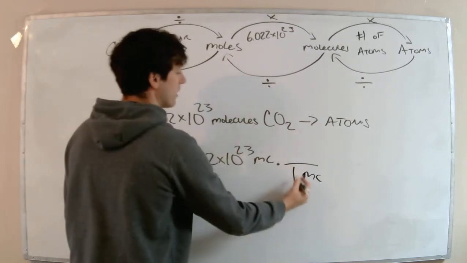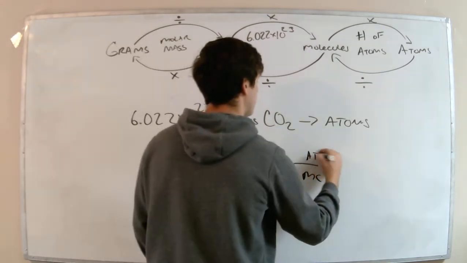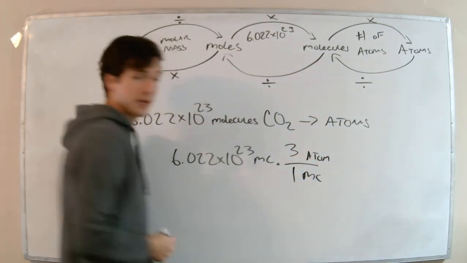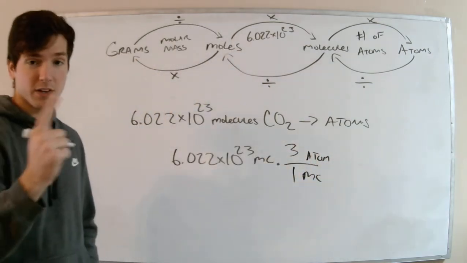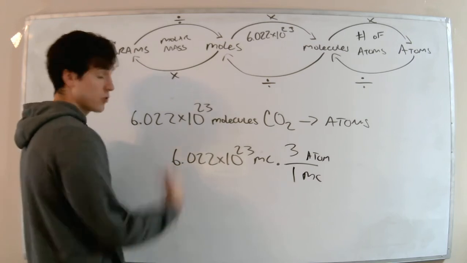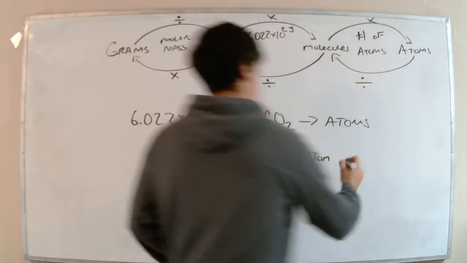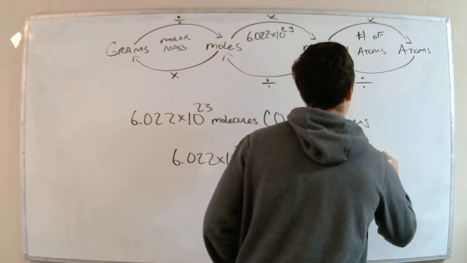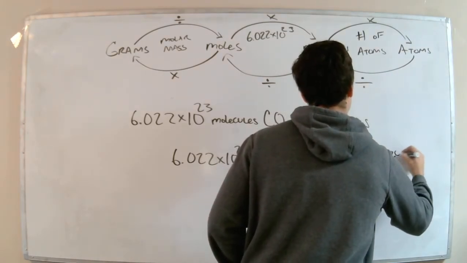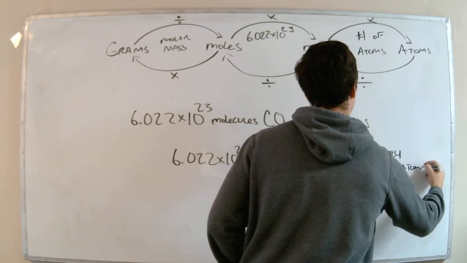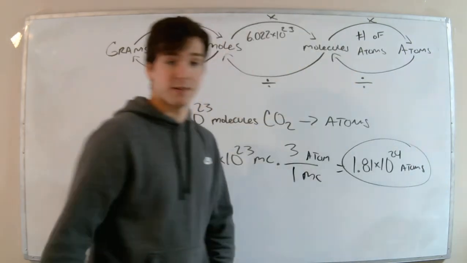For every 1 molecule of CO2, there are 3 atoms. 1 carbon, 2 oxygen. So I'm just multiplying by 3, and you should get something like 1.81 times 10 to the 24th atoms.